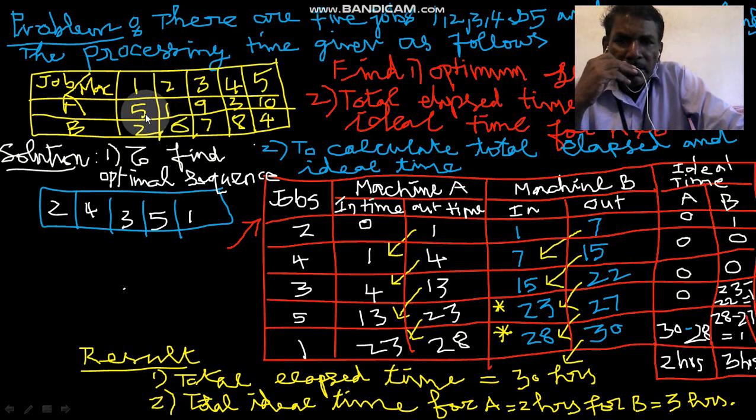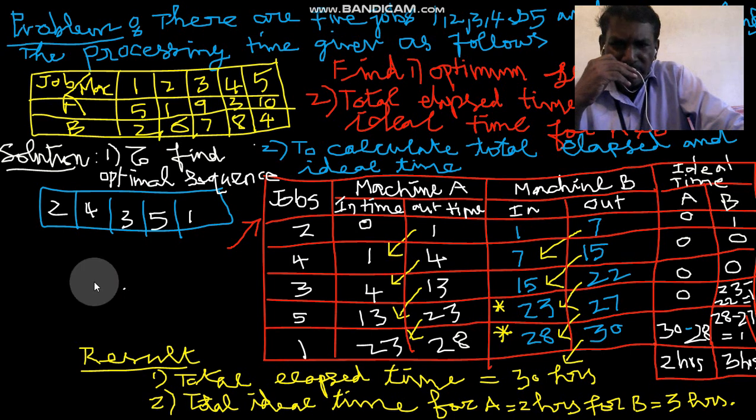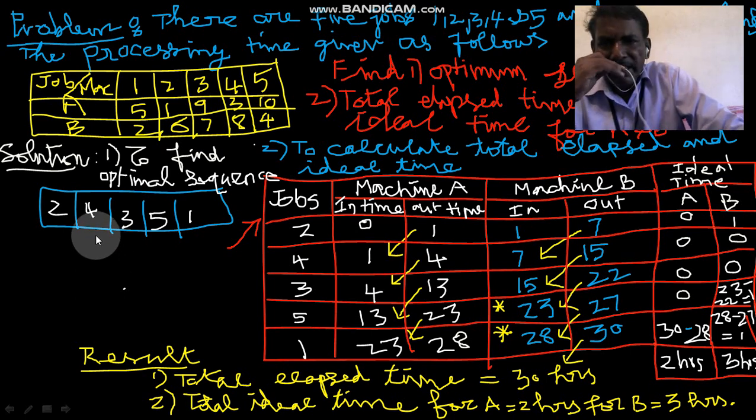The next least processing time is 2, that corresponds to the first job, but it is coming in the second machine B. Therefore we write it in the right corner. The next least number is 3, that corresponds to the 4th job, and this number is coming in machine A. Therefore we write that on the left hand side. A comes left hand side, B comes right hand side.